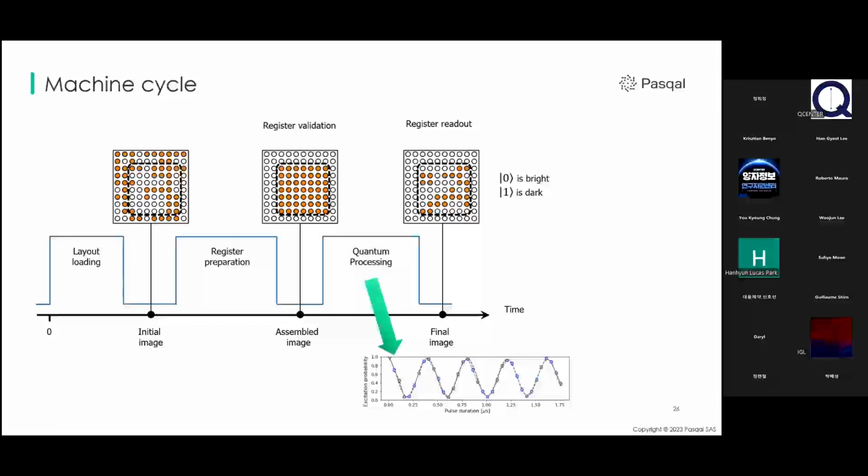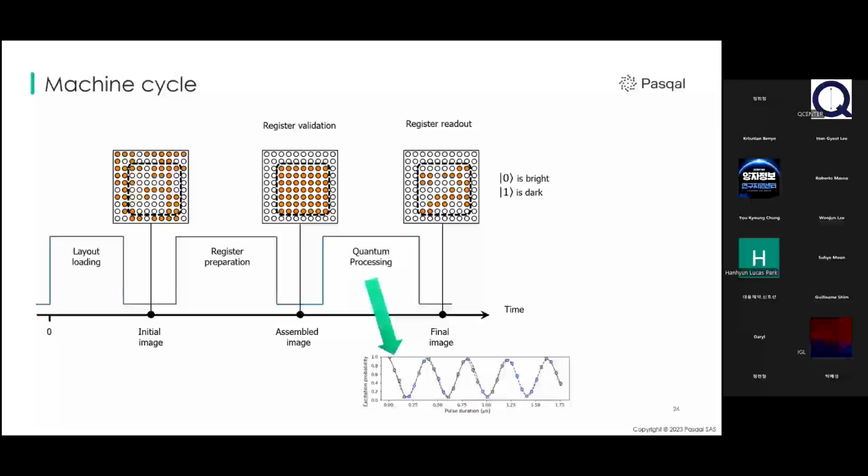Once you have loaded the register, once you have caught the atoms, the second step is to prepare the computational register. You rearrange your atoms by using specific optical tweezers, so fast-moving laser lights that are able to move the atom from one trap to another trap in order to position them in the actual layout you want to have the atoms for the computation.